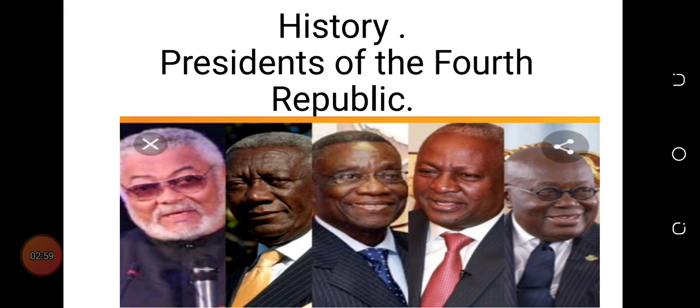president on the left. That's Jerry John Rawlings. Then we have Akufo-Addo. Then we have John Evans Atta Mills. We have John Dramani Mahama. Then we have Nana Addo.